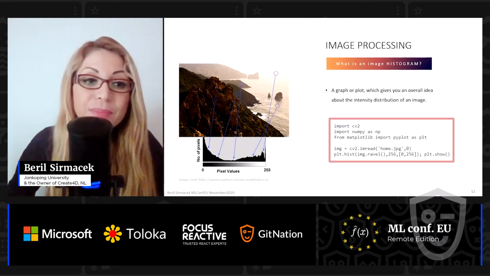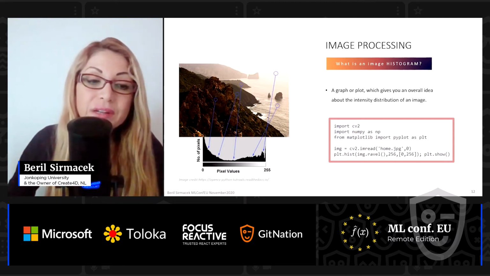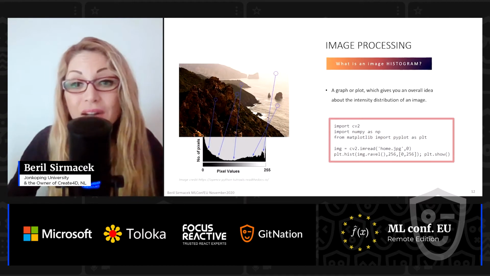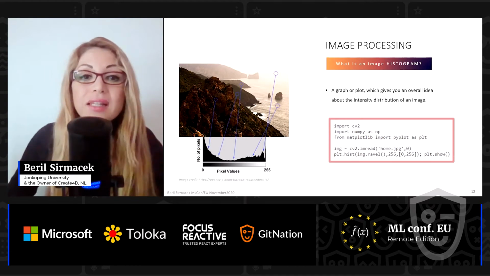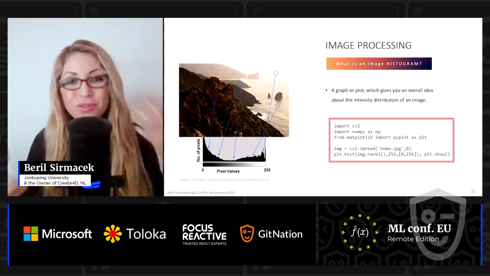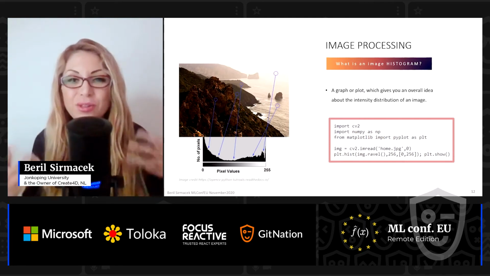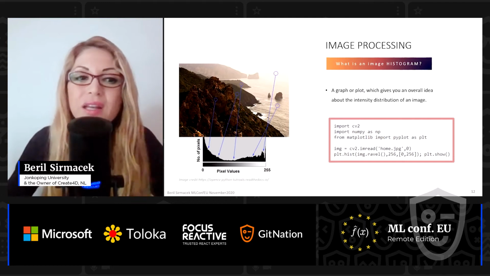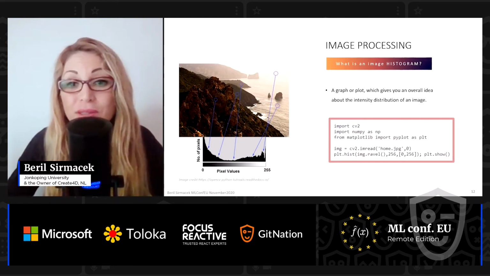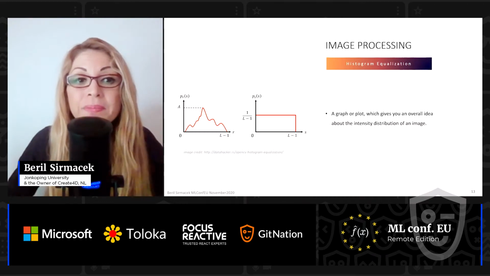We can expect that this mountain is causing the accumulation of darker values here. It gives us an idea about the values within the image and whether they are distributed nicely or not. And we can also do more processing on the image just by looking at this histogram.